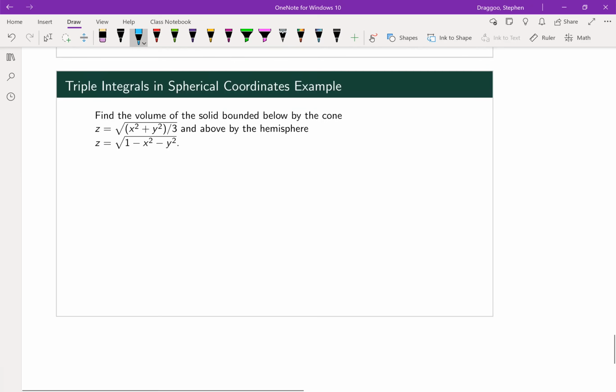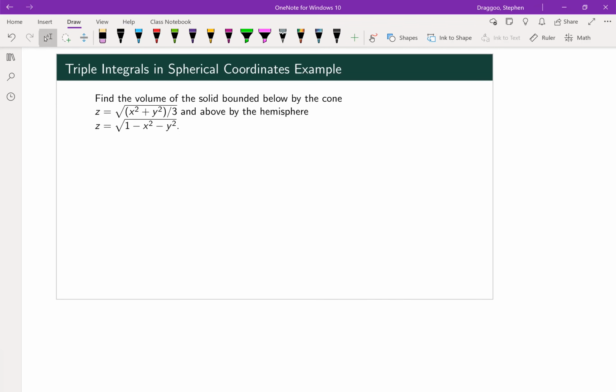So let's apply that to a spherical example. We're going to find the volume of a solid bounded below by a cone and above by a hemisphere. If we just rearrange that top equation for a moment, instead of z equals the square root of x squared plus y squared over 3, the square root of x squared plus y squared is just r.